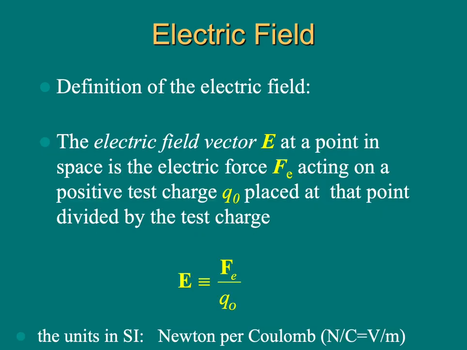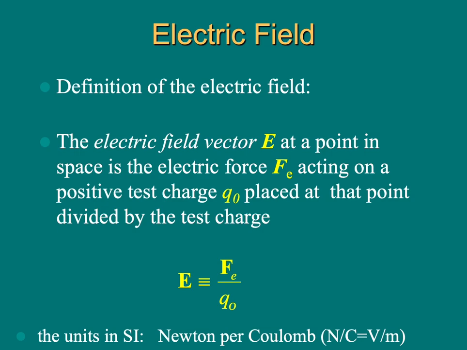The definition of electric field is given by the electric force received by this test charge Q naught divided by the charge of this testing charge Q naught. Because force unit is Newton, charge of Q naught is Coulomb, so the unit for electric field is Newton per Coulomb.